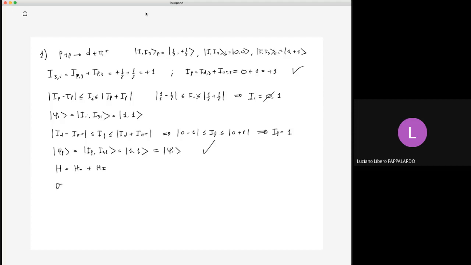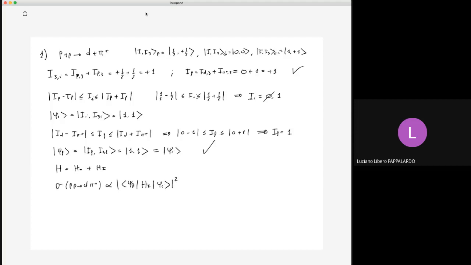The cross-section for this pp into d pi plus strong reaction must be proportional to the square of the matrix element, phi_f, then this isospin-dependent Hamiltonian, and then psi_i, all squared.